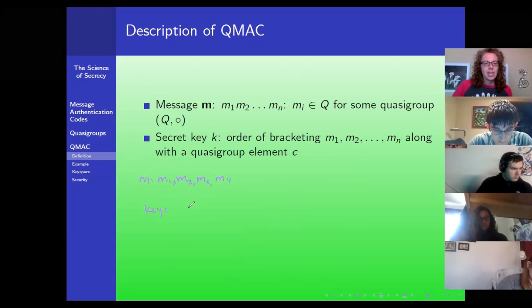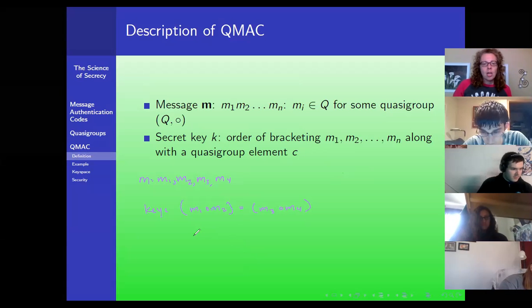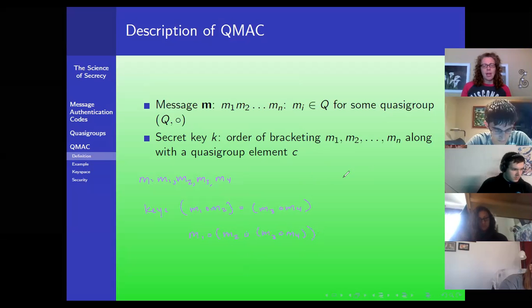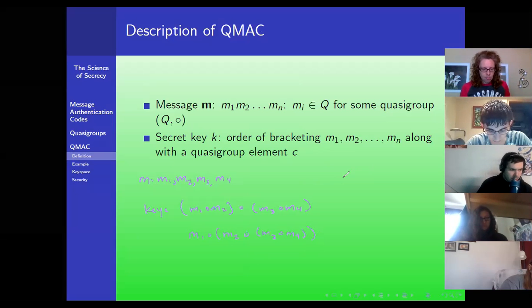One possible key could be M1 circle M2, and then that circle M3 circle M4. A way of inserting parentheses. That could be one possible key. Another possible key could be M1 circle M2 circle M3 circle M4. Okay, so those are potential different keys. How are you going to insert parentheses into your message in order to do your computations in the quasi group?